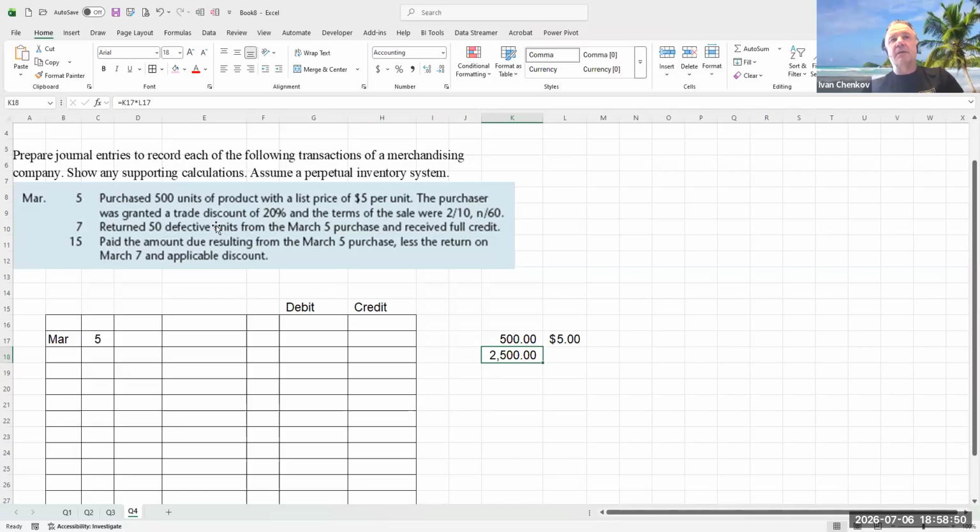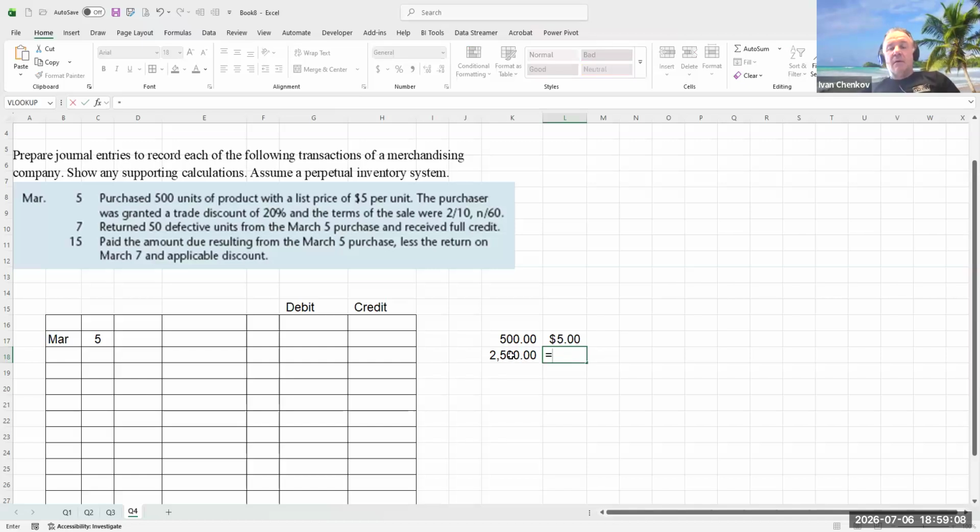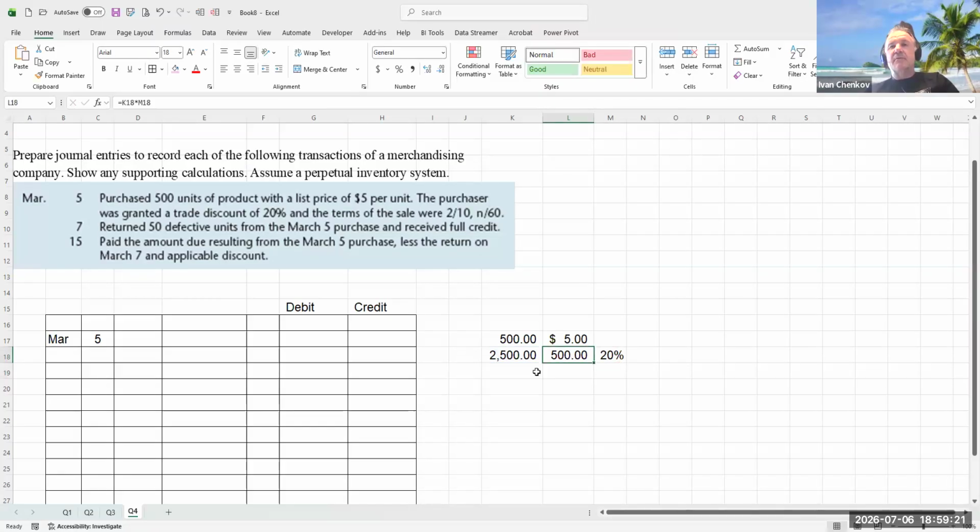But we're getting a trade discount, so at the time of the purchase, we're not gonna pay that portion. How much will that be? We apply the 20% to 2,500. The discount is gonna be $500.